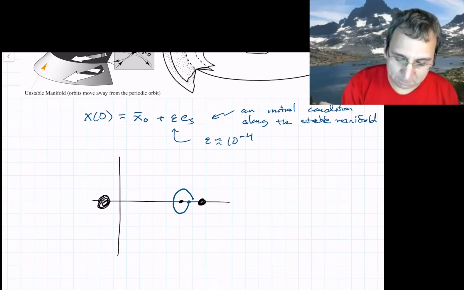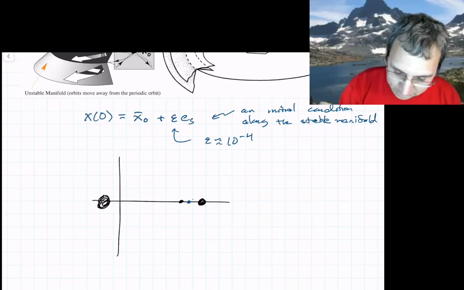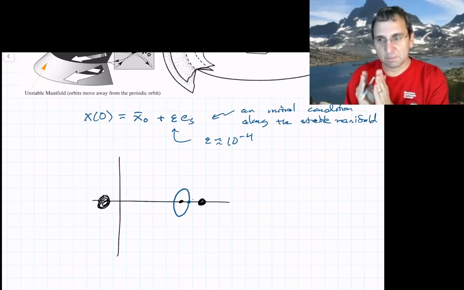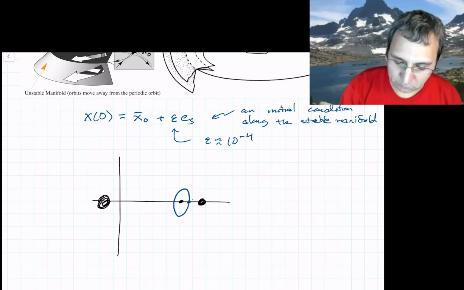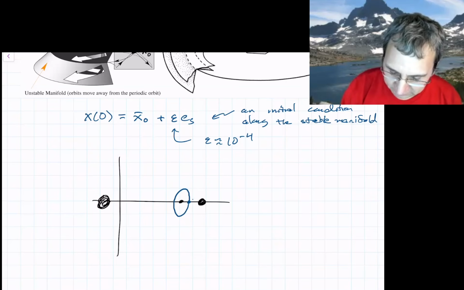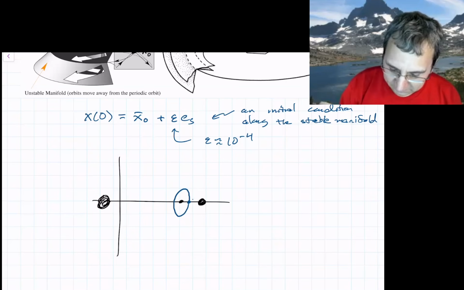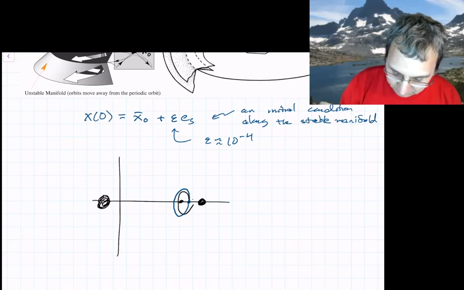And then once we find that periodic orbit, so let's say once we found something that comes back to within some small tolerance, now we'll find an initial condition that's along the stable manifold and calculate that. So if we were to calculate something along the stable manifold, maybe we'll get something that goes back around the moon or something.